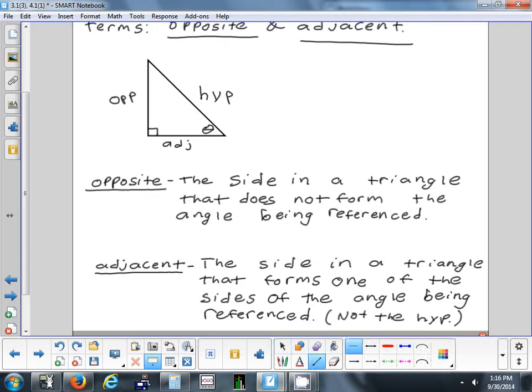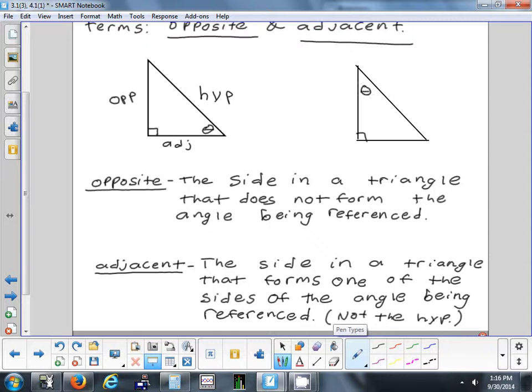Let's look at another triangle. Here's my right angle, and there's theta. Which side is opposite in that picture? How about Michaela? What side would be opposite?